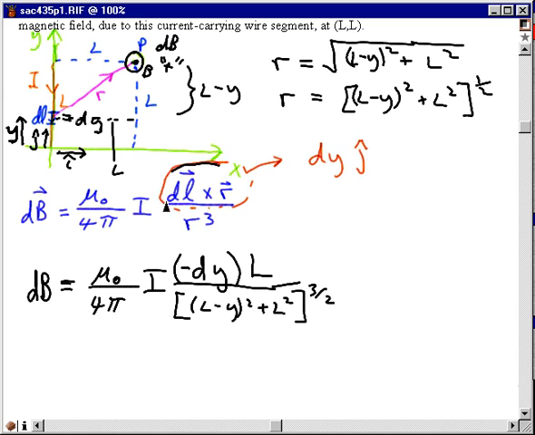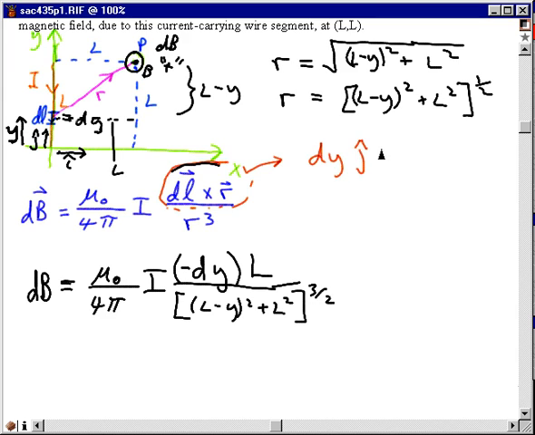This is supposed to be an infinitesimal length in the same direction as the current. dy is negative, and j is in the positive y direction, so that negative scalar multiplying this unit vector gives us an overall direction in the minus y direction, which is exactly the direction of the current.